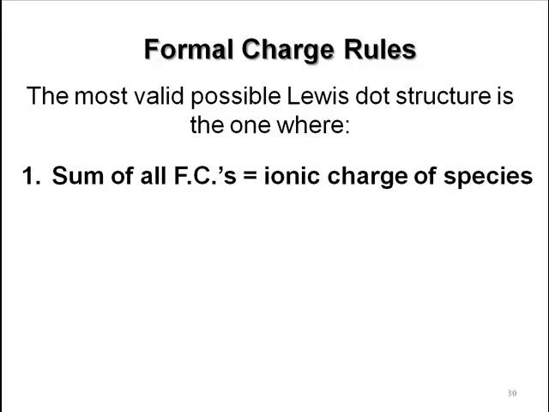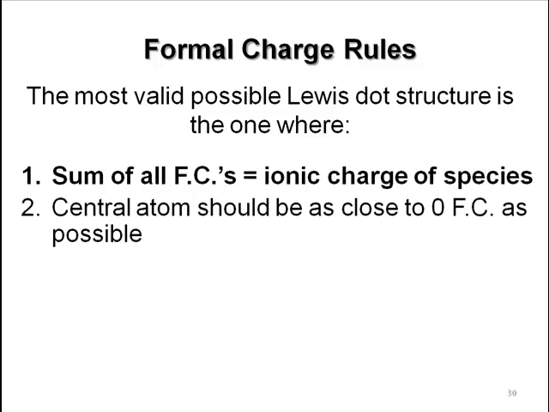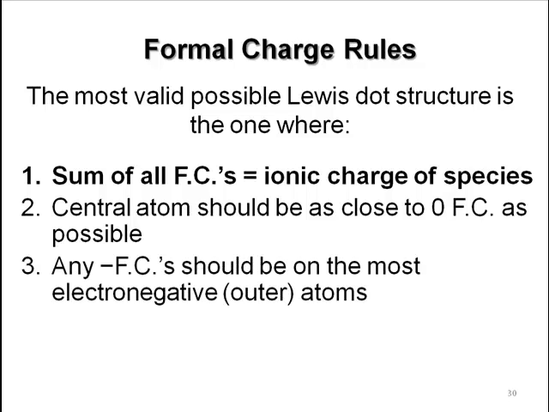So the sum of the formal charge equals the ionic charge of the particular species. The central atom should be as close to zero formal charge as possible. So central atom is close to zero. Any formal charges should be on the most electronegative or outer atoms. So formal charges on outer.